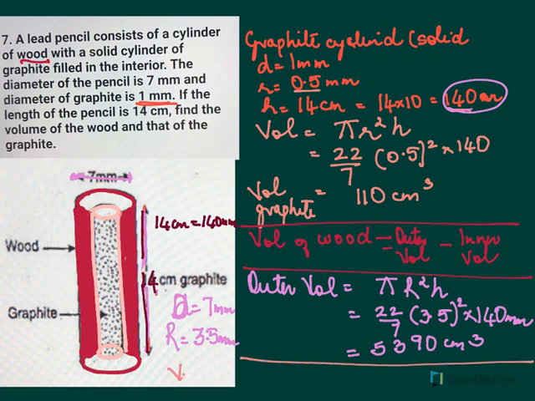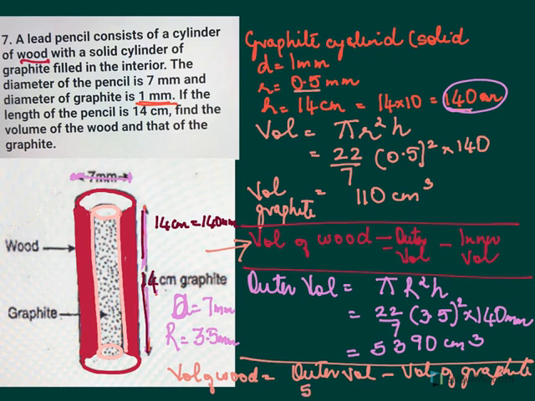Last thing is to find volume of wood. And we knew the volume of wood, as we have written here, is outer volume or volume of pencil minus volume of graphite, or the inner volume.